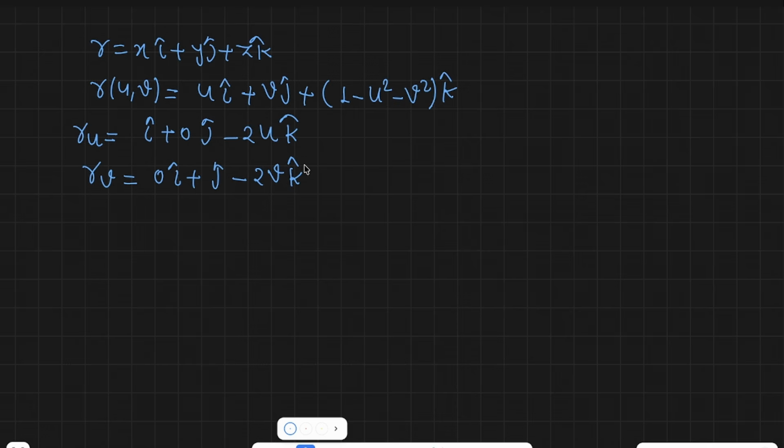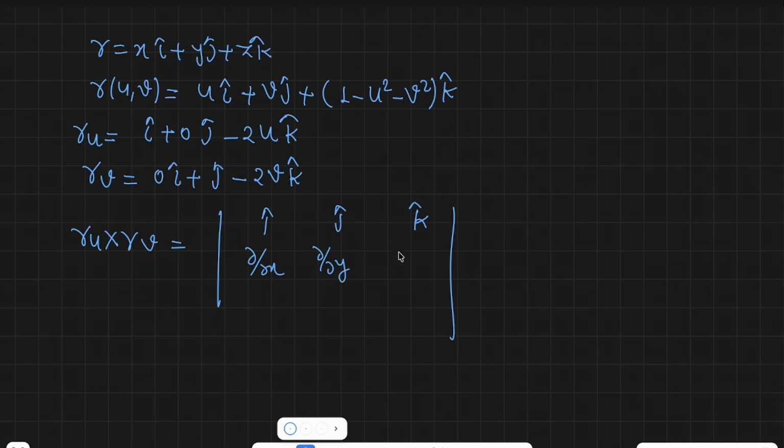Now you have to simply take the cross product of ru and rv. So this is ru cross rv. Take the cross product with i cap, j cap, k cap. Okay, wait, we are not finding the curl, we are finding the cross product of ru and rv.